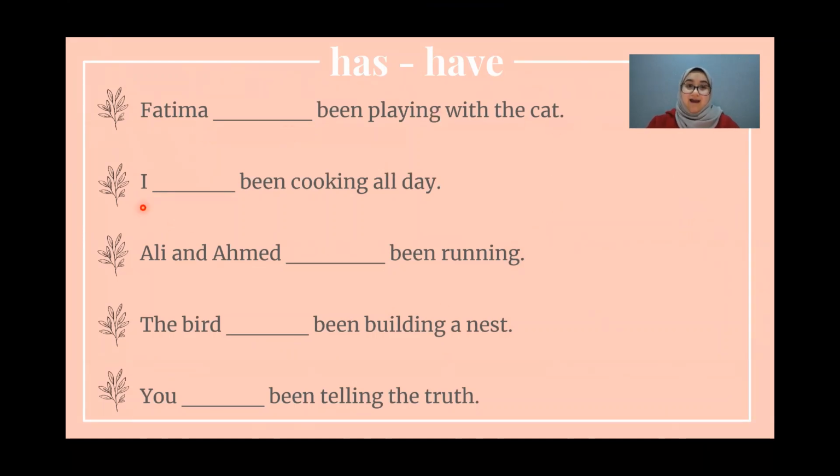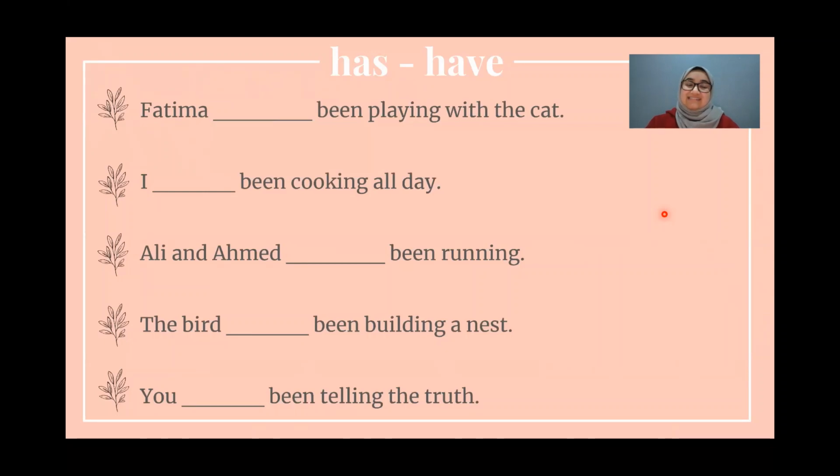Number 2, I blank been cooking all day. Number 3, Ali and Ahmed blank been running. Number 4, the bird blank been building a nest. And finally, number 5, you blank been telling the truth. And for the blanks you have to use either has or have. Are you ready? Okay, pause the video and answer.